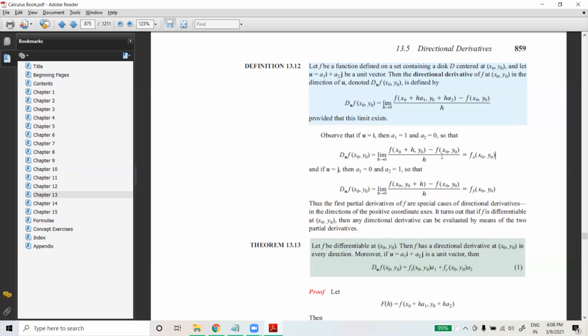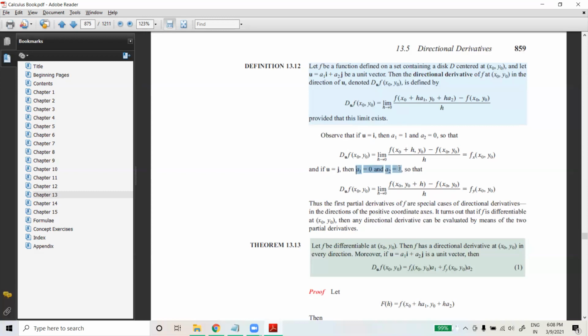Similarly, if you were to travel along u equal to j, then the partial derivative would be f subscript y, because then x0 will remain the same and y0 will change. a2 will become 1, a1 will become 0.